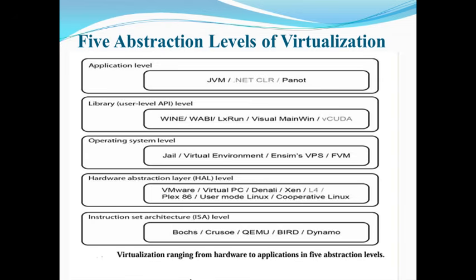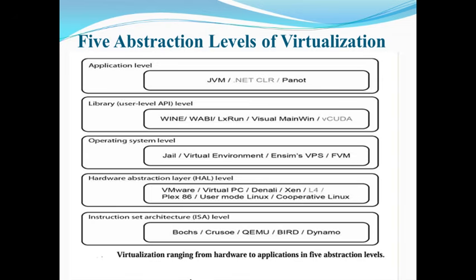At the operating system level, virtual environments like Jail, Ensim, Vservers, and FVM allow multiple isolated OS instances to share the same kernel. At the hardware abstraction layer, called HAL level, virtualization platforms like VMware, Xen, KVM, which means kernel-based virtual machine, and Denali abstract hardware so multiple operating systems can run on one machine.